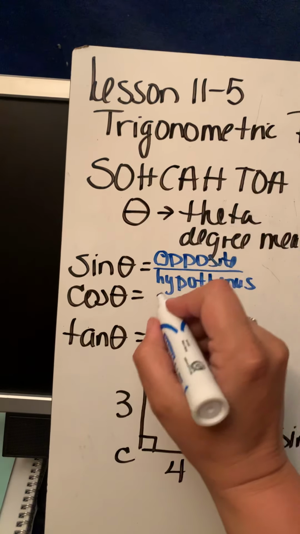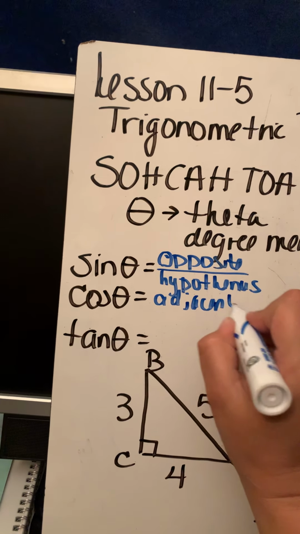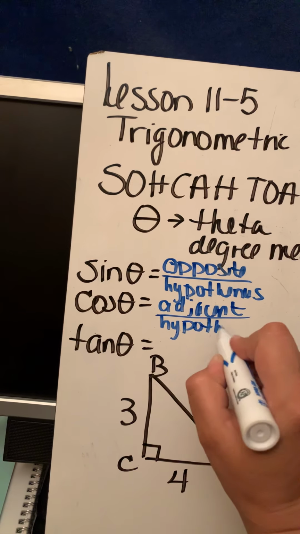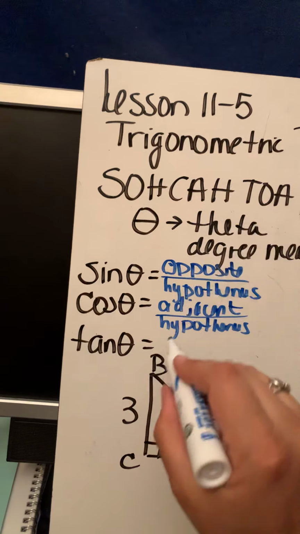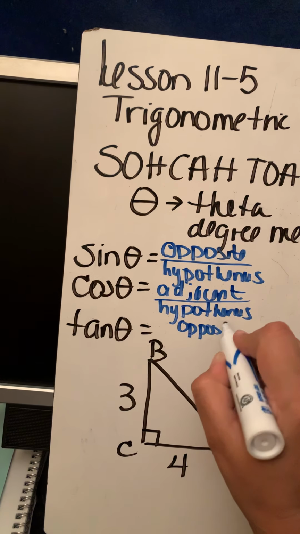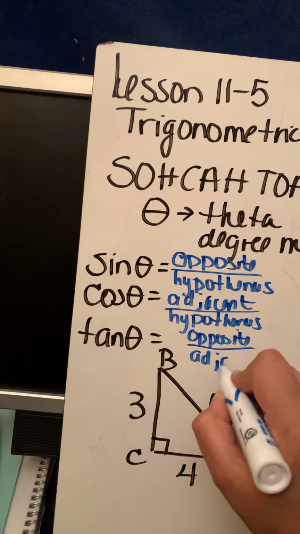The A stands for adjacent. Again, the H stands for hypotenuse. Tangent, the T. O stands for opposite. A stands for adjacent.